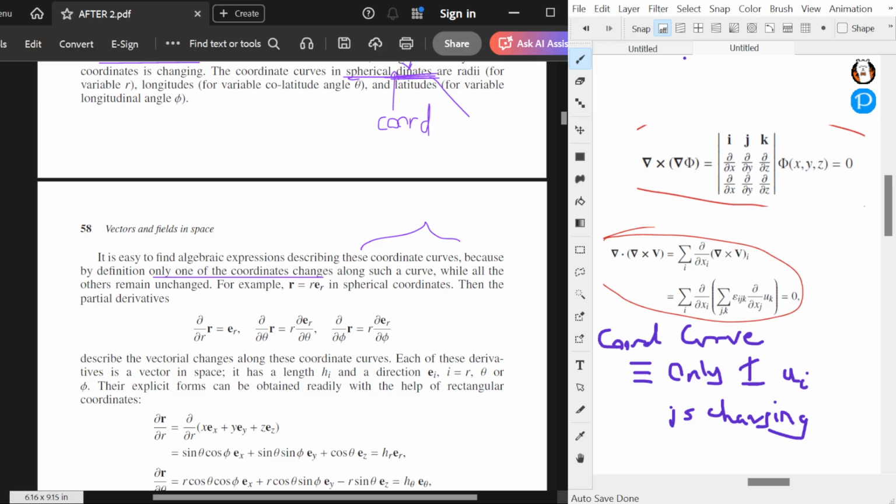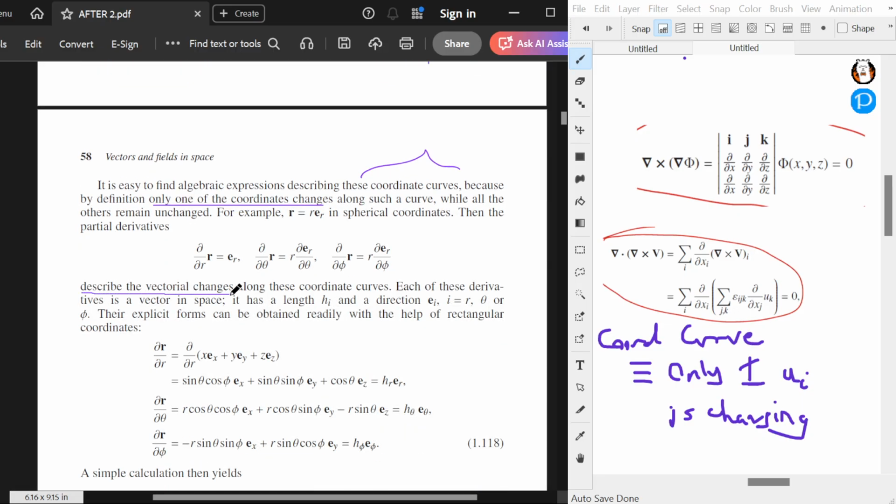Then the partial derivatives describe the vectorial changes along these curves. Yeah, that makes sense. Each of these derivatives is a vector in space. It has a length h_i and a direction e_i, i equals r.